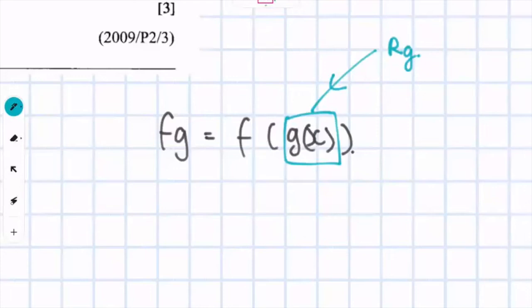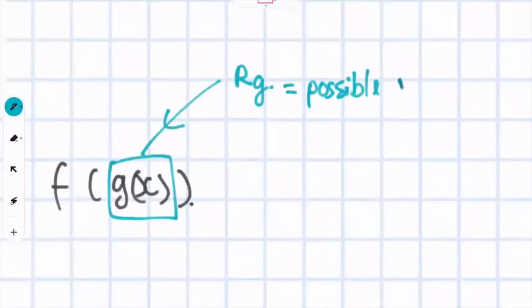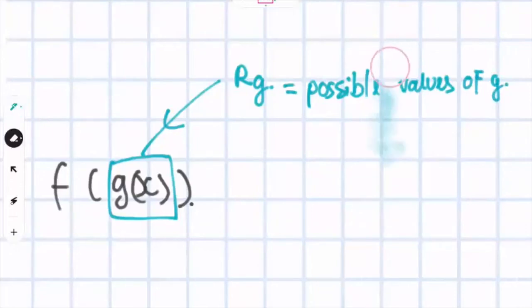Understand? The meaning of RG is the possible Y values of G. But we don't call it Y now. The Y is G itself.